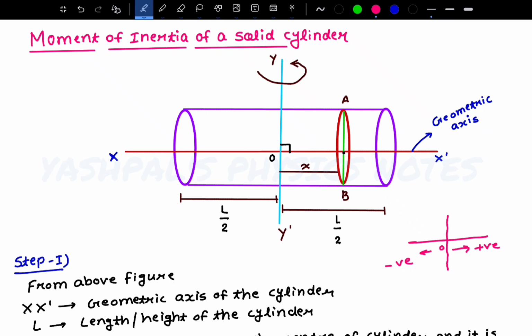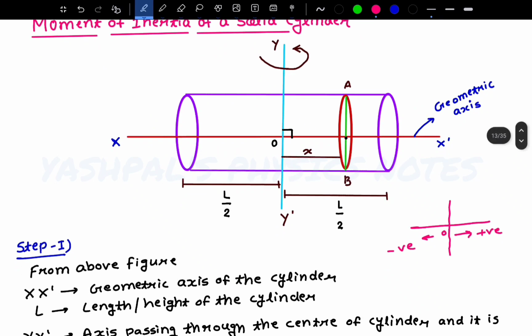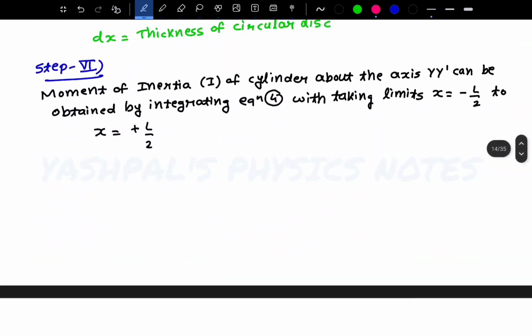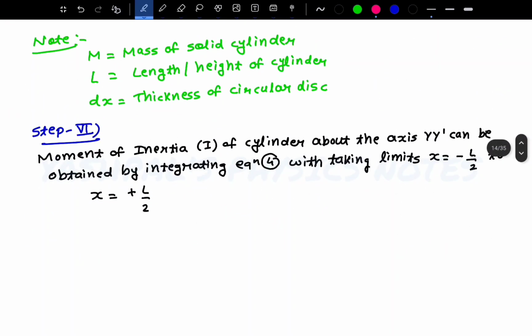But for taking the limits, we take from minus L by 2 to plus L by 2. So we are considering the portion on the left side of the axis y dash as limit minus L by 2, and the portion on the RHS as plus L by 2. That's why I have written that moment of inertia I of cylinder about axis y dash can be obtained by integrating with limits x equal to minus L by 2 to x equal to plus L by 2. Remember that length cannot be a negative quantity, so we are going to do some adjustment there.